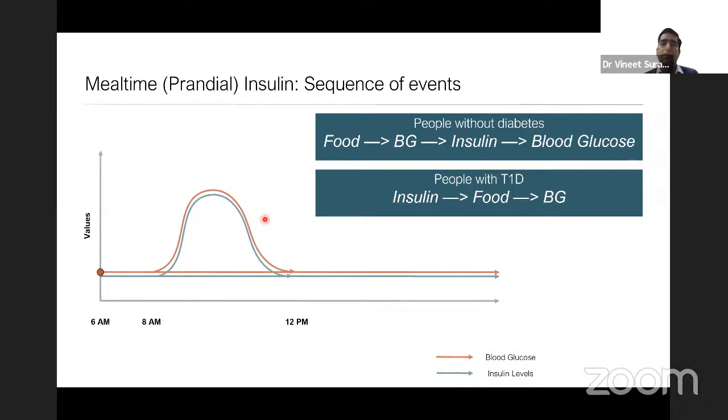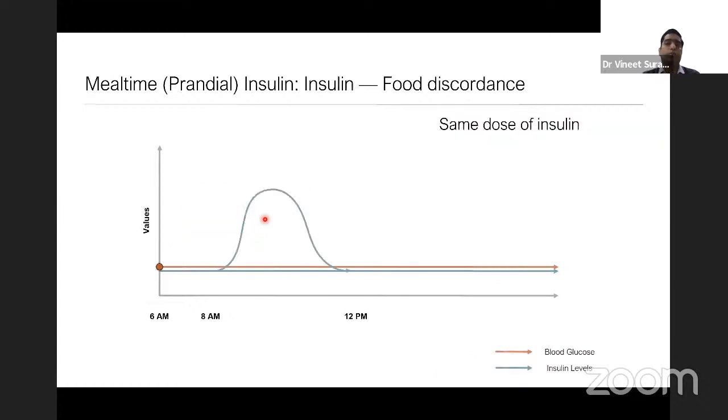So in type 1 diabetes, the insulin is being given, then the child takes the food, and then there is an alteration in the blood glucose. So what happens in that process? If there is a food discordance, like the same dose of insulin we have given, for example, 6 units of regular insulin, and the child who is okay with that 6 units with 1 chapati and the vegetable, and then suddenly he feels, no, today's vegetable is very good, I want to have 1 more chapati, then this is the exact response we will get.